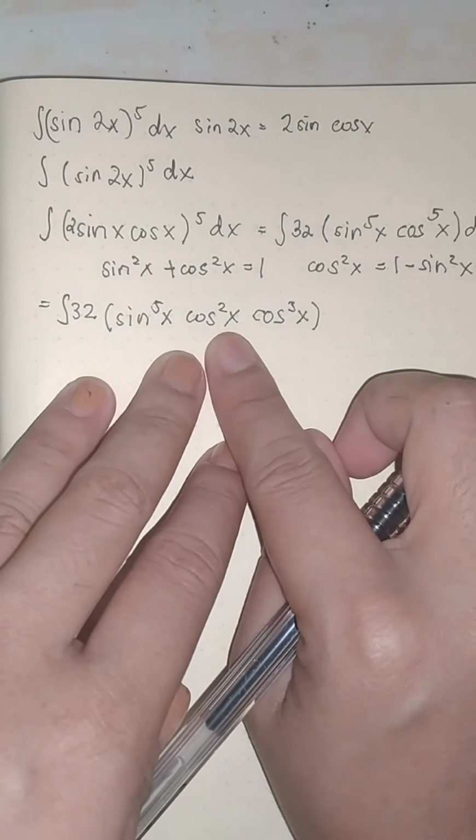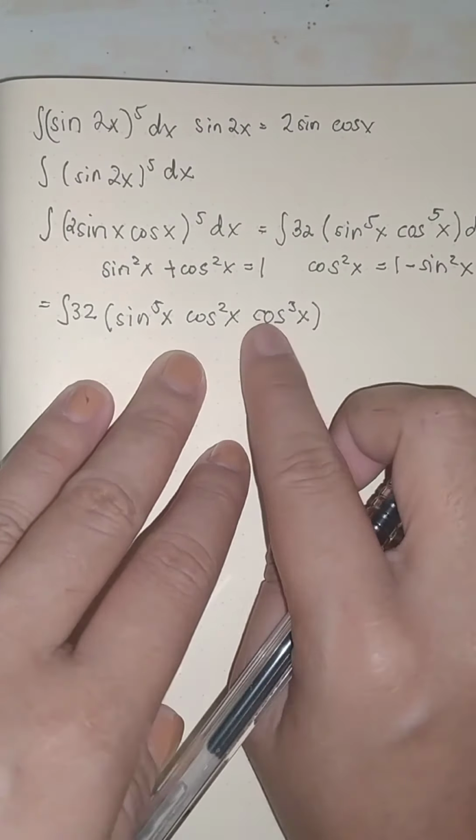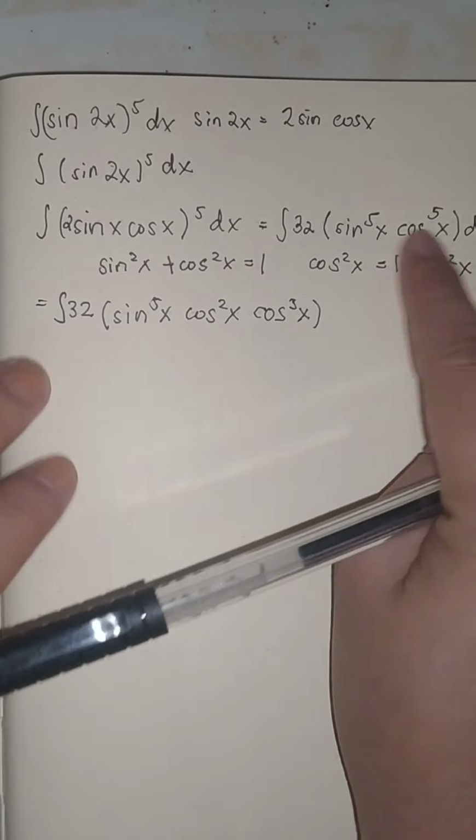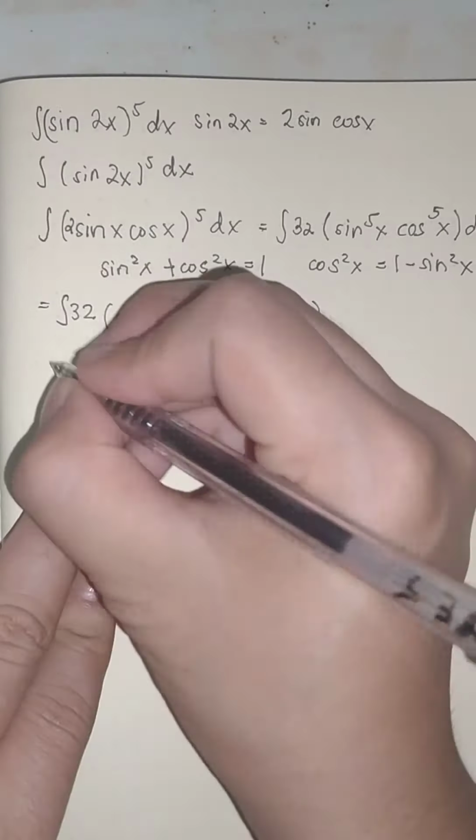What I did is just expand, but if we combine this, we will arrive at this: 32 sine raised to 5 x, 1 minus sine squared x, cosine cube x dx.